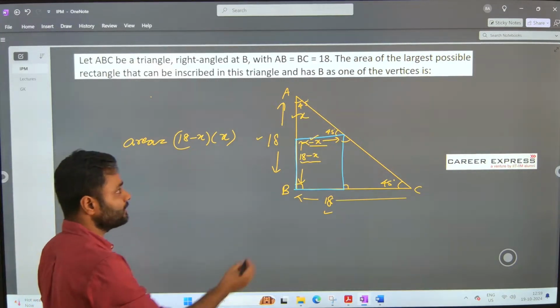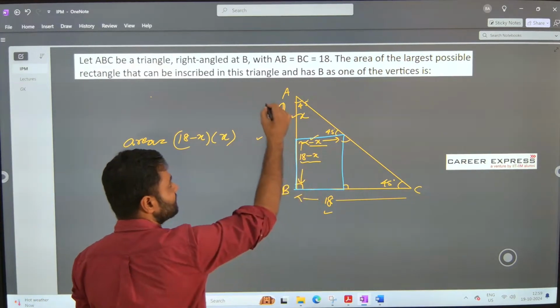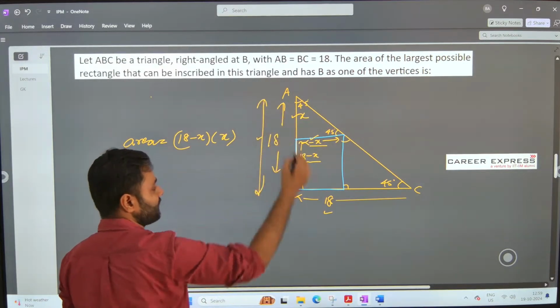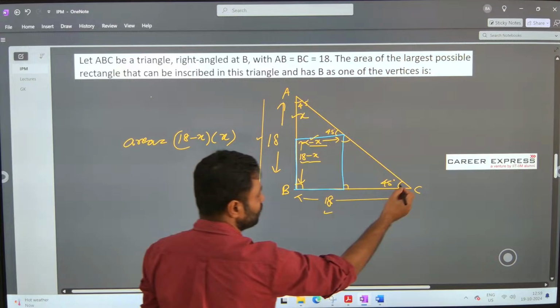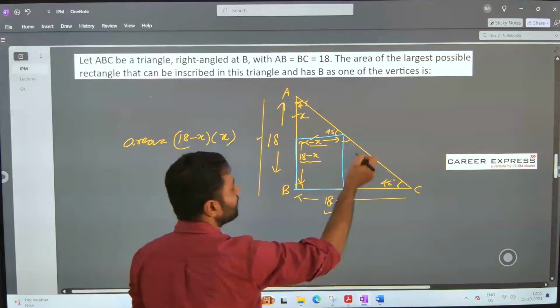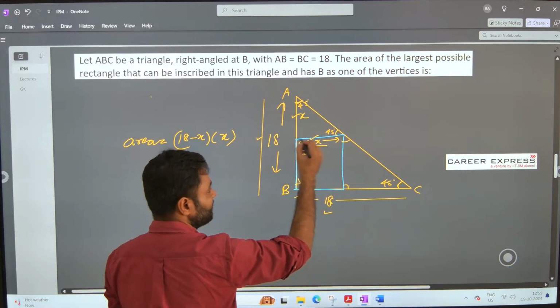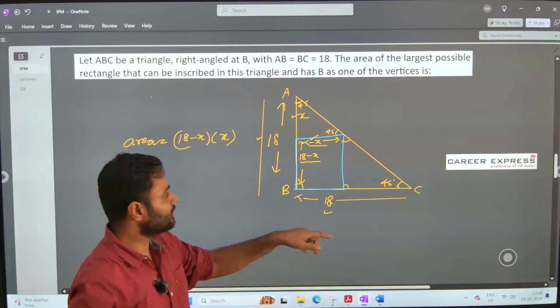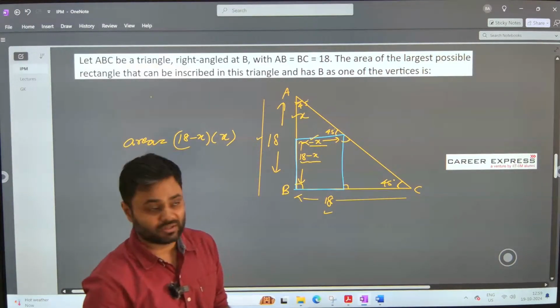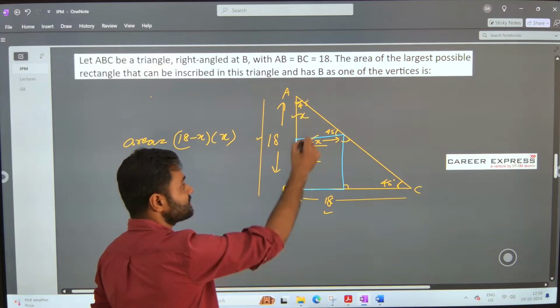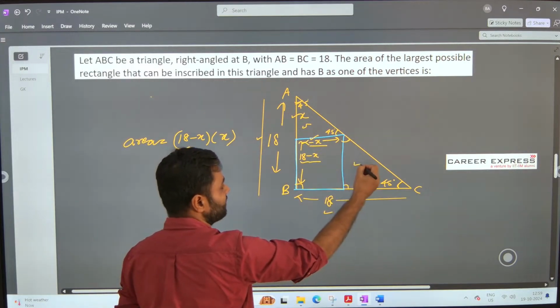I will repeat again. Because this triangle is an isosceles triangle and also right angled, so one angle is obviously 90 degree, the other two angles will be both 45 degree. And hence, when we draw a rectangle inside this triangle, we will get two more angles which are also 45 degree. So there is a smaller triangle here, there is a smaller triangle here.